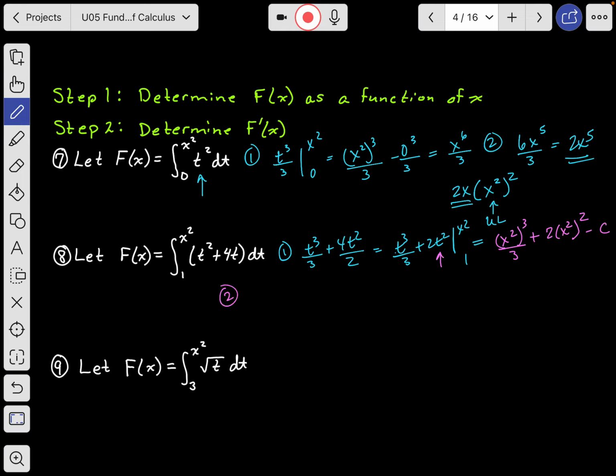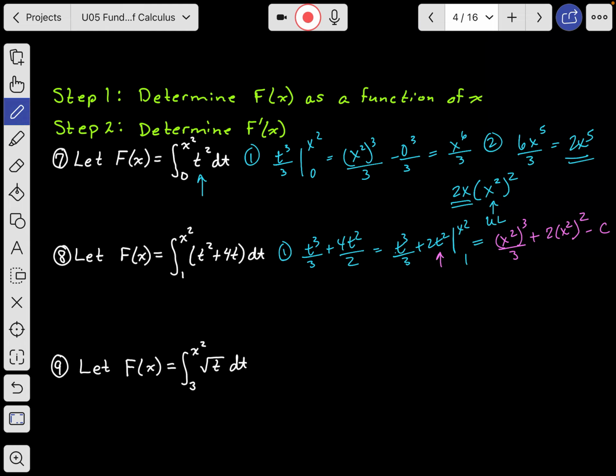Okay, so let's take the derivative now. The derivative of the first term by using the power rule is going to give you 3x squared squared over 3 times the derivative of the inside function. Oh shoot, what I should have done is, let me back up just a minute, clean up first. So I'm going to continue this before I do that step 2.